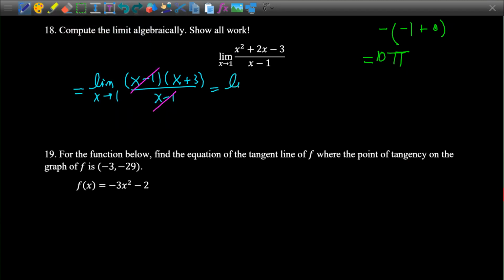So this is equivalent to the limit as x approaches 1 of just x plus 3. And so one of our rules for limits is, even though 1 is not in the domain of our original function, the limits of that original function and an equivalent function would be equal. So the limit is going to be, we can plug 1 into this. That gives us 4.